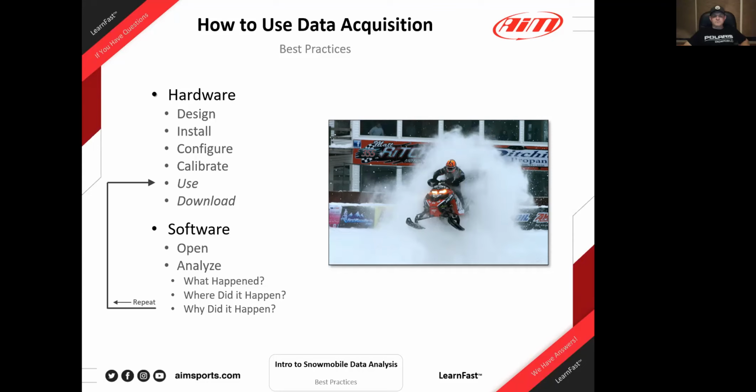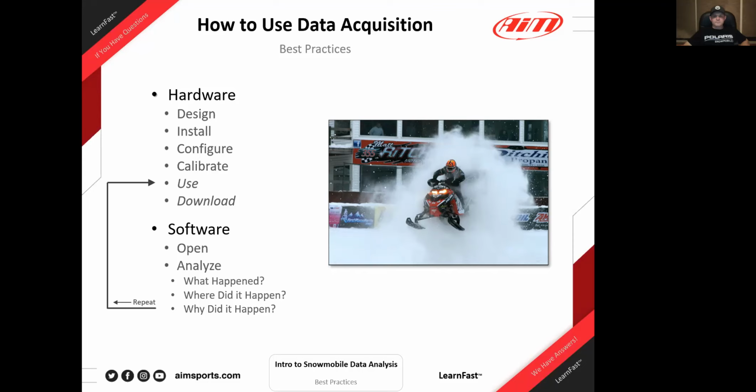Figure that out, and then talk to Jesse and understand how you're going to get the right parts and the right cables and all that stuff. Install it, of course, configure it and calibrate it. That's all done, basically, one time on the design and the install. Then maybe you tweak some configurations and calibrate it in the shop before you head out there, and then that stuff's pretty much done.